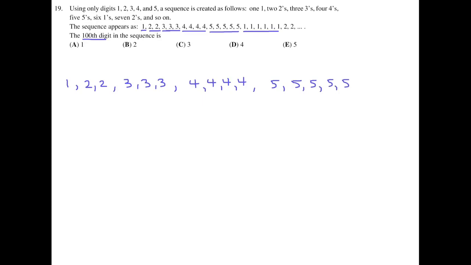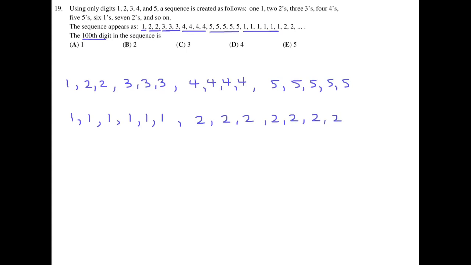And then no 6s, no 7s, don't get that in your mind. And you go back to 1s and 2s, but this time you've got 6 1s, like that. And then 7 2s, and so on. So I just drew this out so that you can kind of understand what is happening in this question.